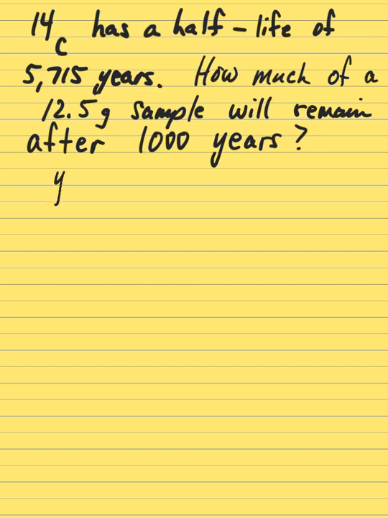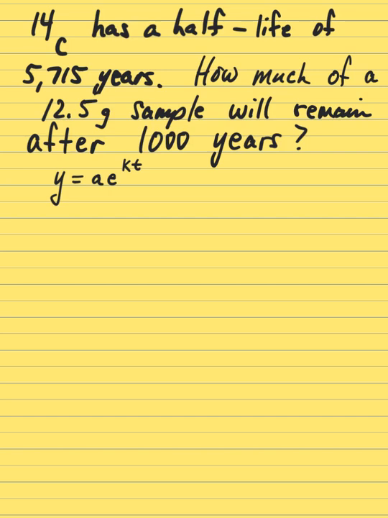Okay, so here's the equation we're going to start with. Okay, and this is basically the one for exponential growth or decay. Since this isotope will decay over time, we can expect K to be a negative value.